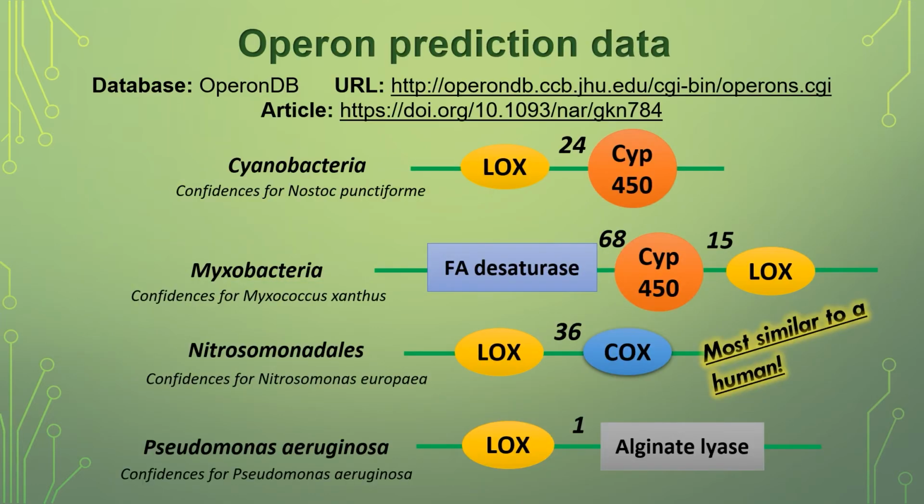We don't know yet, but we can say that the oxylipin metabolism in Nitrosomonadelph is the most similar to the human one. The operon prediction database, OperonDB, shows that in Nitrosomonadelph, lipoxygenase and cyclooxygenase-like enzyme are located on one operon.